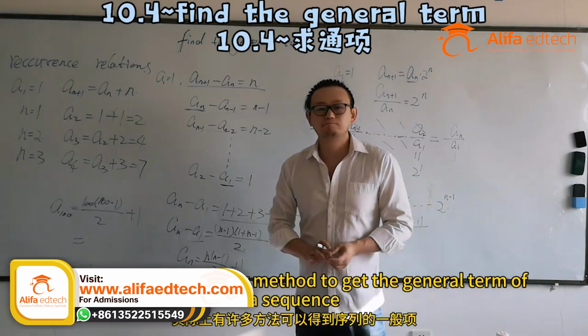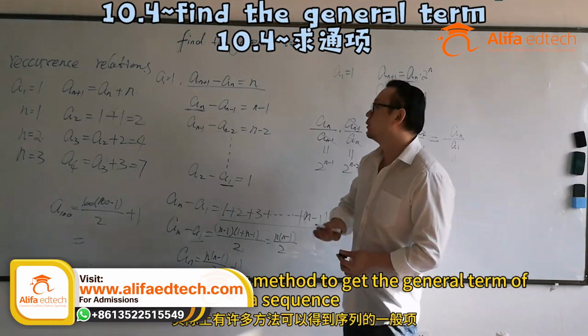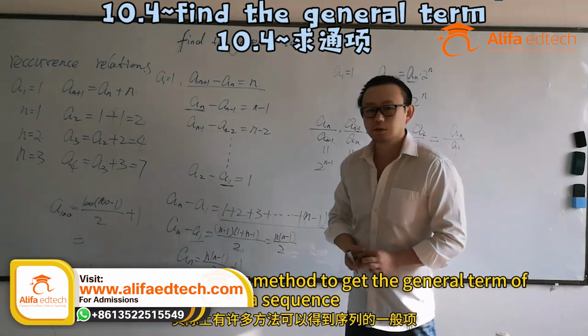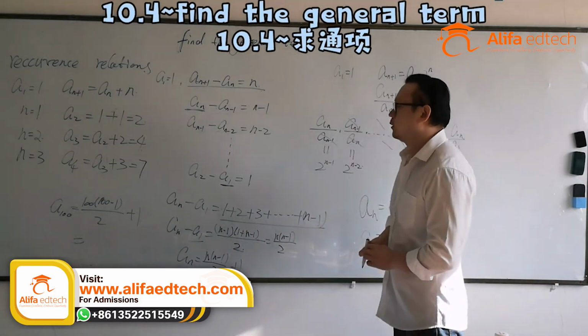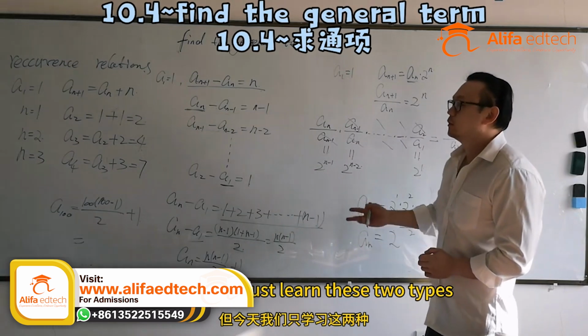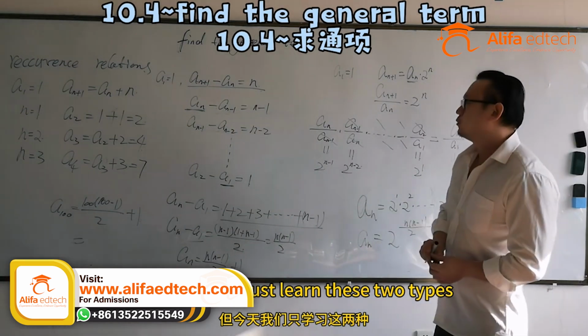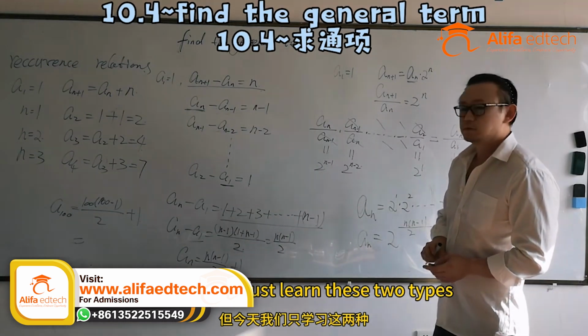Actually, there are many methods to get the general term of a sequence. But today we just learn these two types.